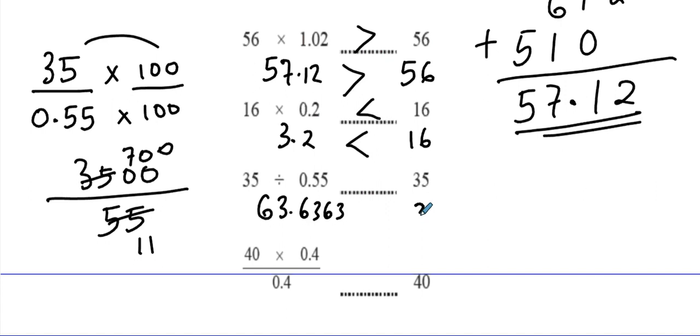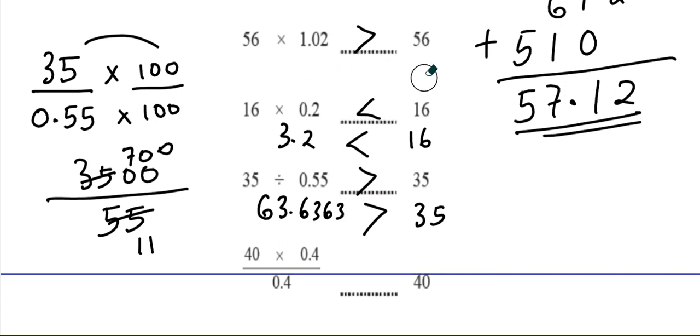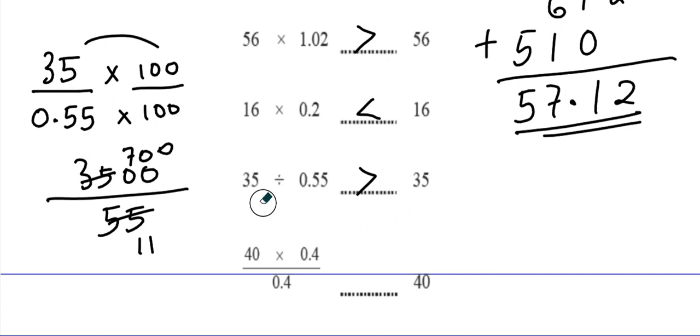When you compare with 35, you find that 63 is higher than 35. So that is the symbol you put. Okay, let me delete this so that I can remain with clear answers. Alright, so this one is done.